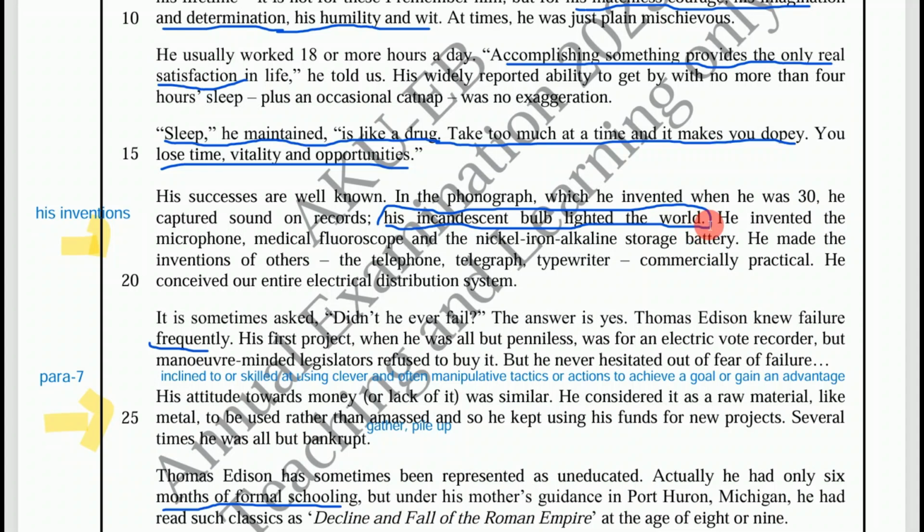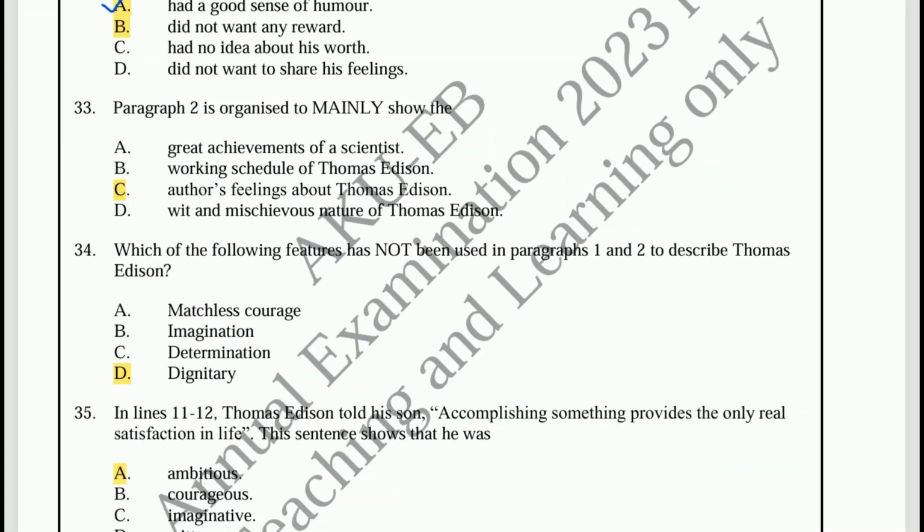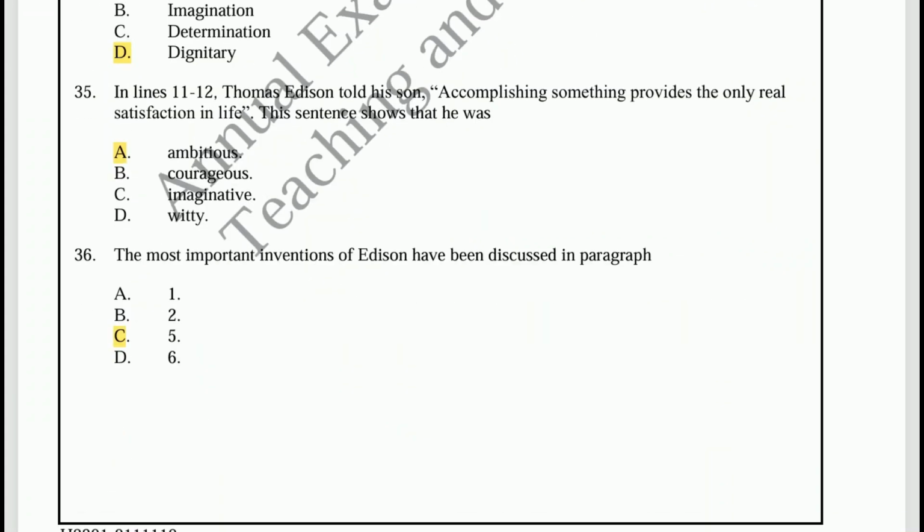This can be most important. Why? Because this invention contributed to the entire world. It lighted the world. So from here, I don't need to read further because this invention is most important because it lighted the world. So in paragraph 5, the most important invention, the bulb, is mentioned.